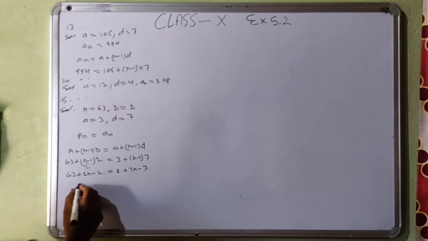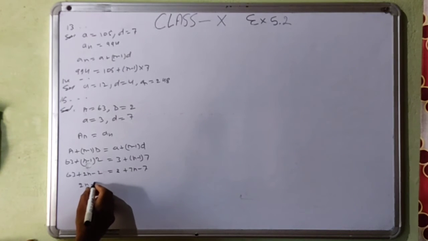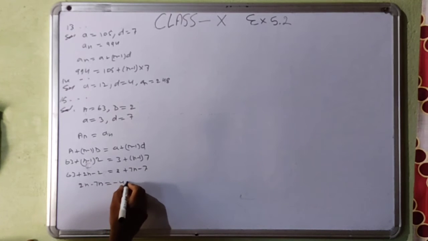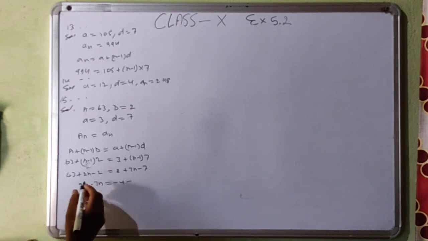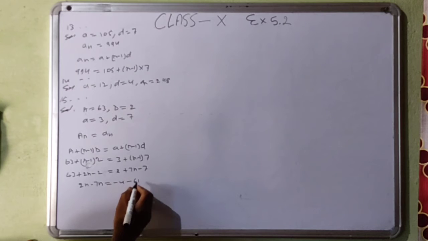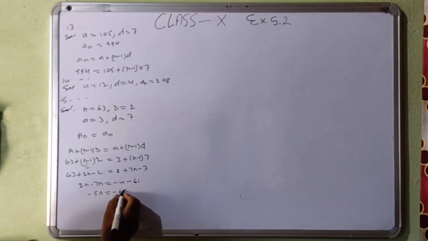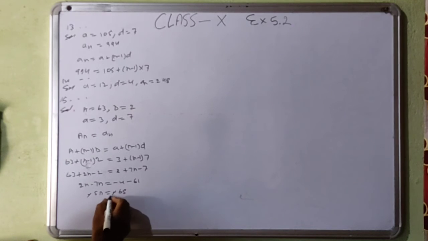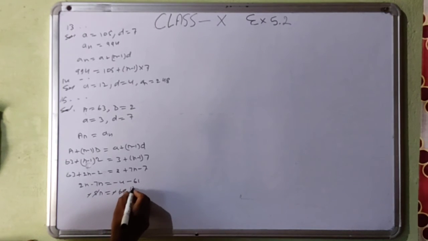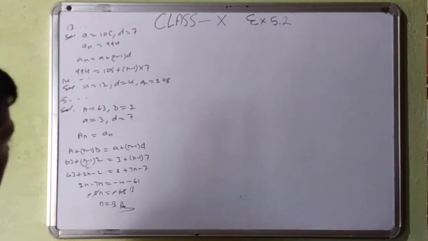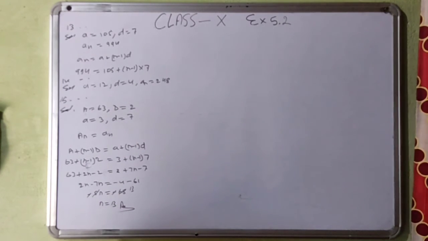Now 2n minus 7n is equal to minus 4 minus 61. So that will be minus 5n is equal to minus 65. So minus cancels by minus, 5 13s are 65. So n is equal to 13. It means the 13th term is the same for both APs.